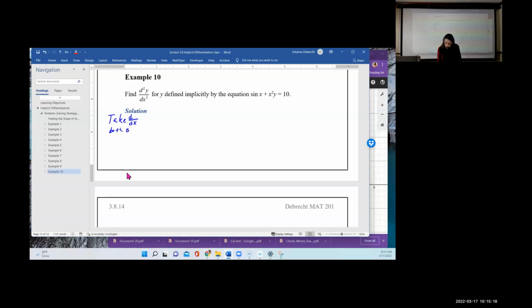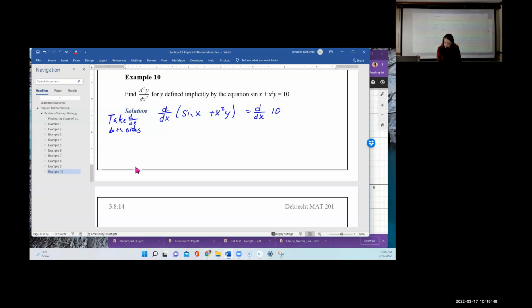We do this on both sides of sine x plus x squared y equal the derivative with respect to x of 10. Now the first derivative tells us about the tangent line. The second derivative tells us about the curvature of it, whether it's concave down or concave up, how it's curved.